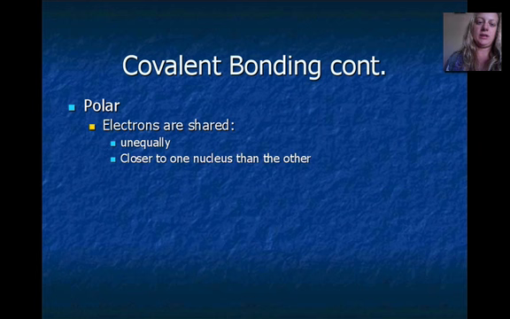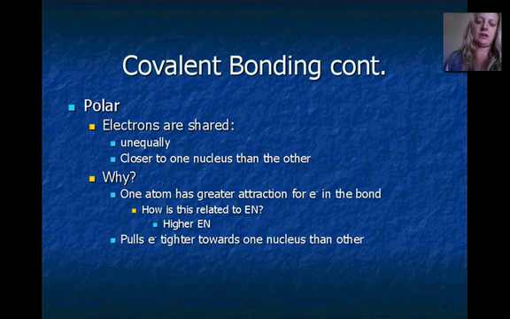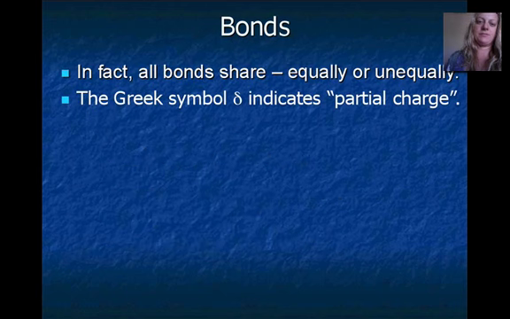So it shares unequally. That means the electrons are going to be found closer to one of the nuclei than the other. Why is this? Well, one atom has greater attraction to the electrons. You don't have to really know anything about electronegativity, but this does increase the electronegativity.